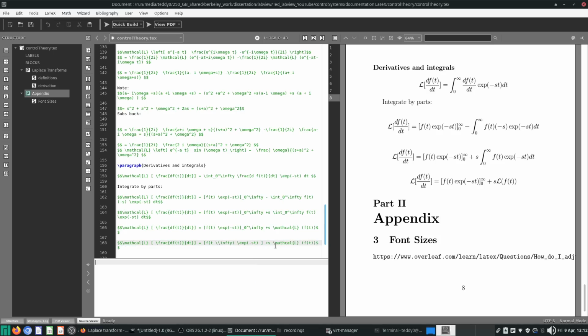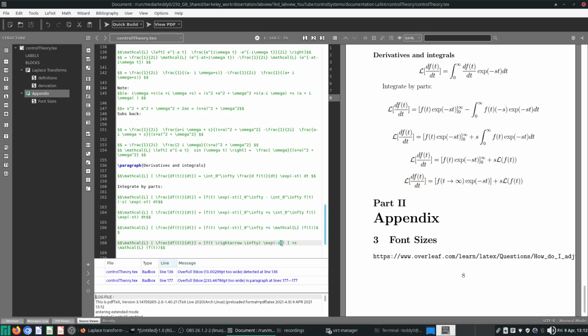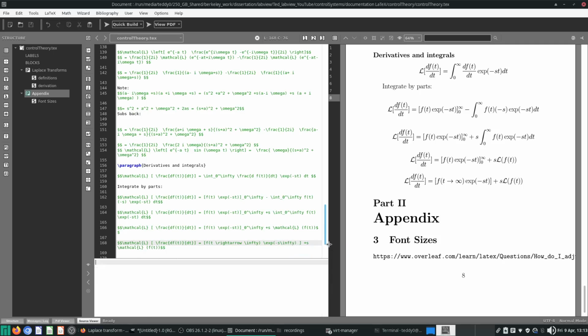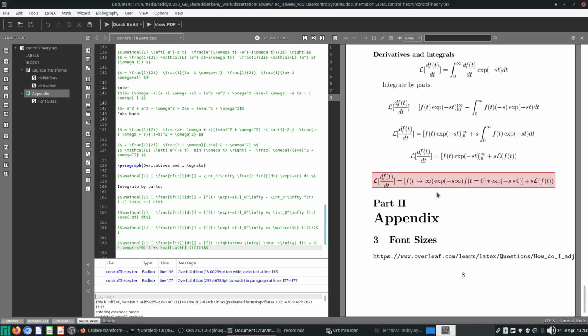So we just write this out: f(t) times e to the minus st at t equals infinity, minus f(t) at t equals 0 times e to the minus s times 0, and that is just 1.